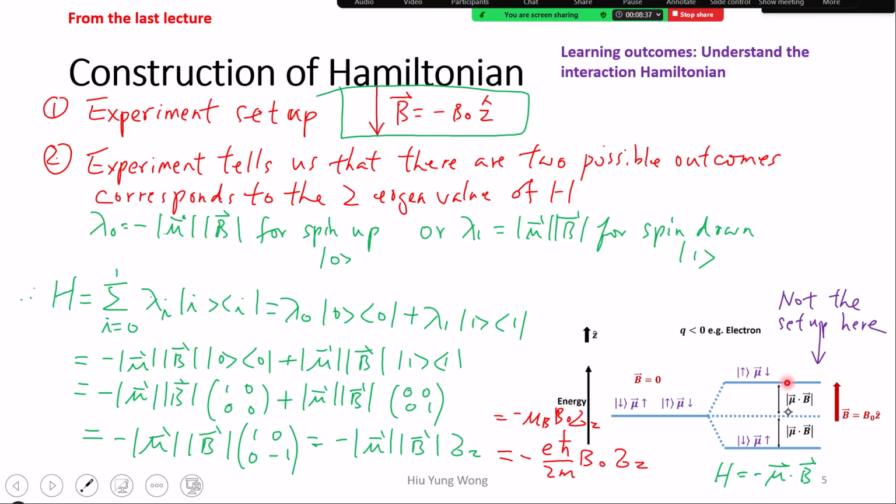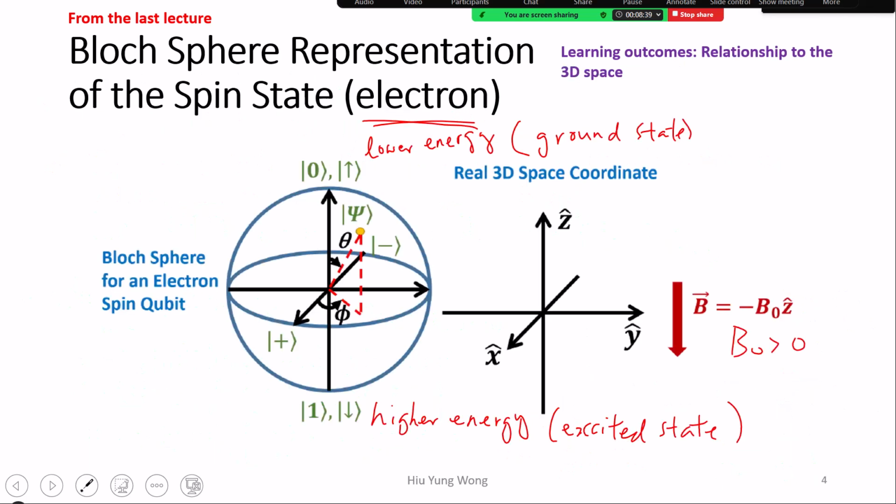Is this okay? Let's go back to this figure. We are actually talking about pointing down. So if your spin is in the opposite direction, the magnetic moment is parallel. Again, for an electron, the magnetic moment is opposite to the angular momentum. That's why this is a lower state.